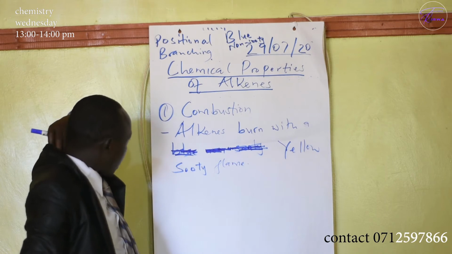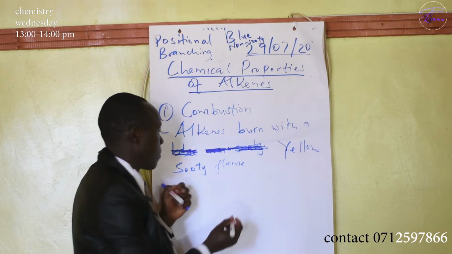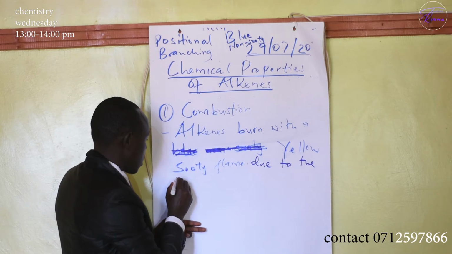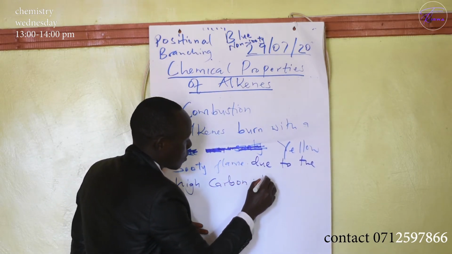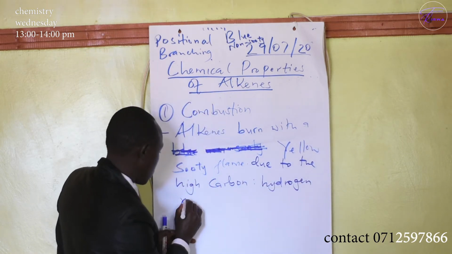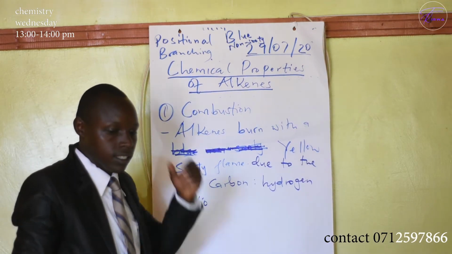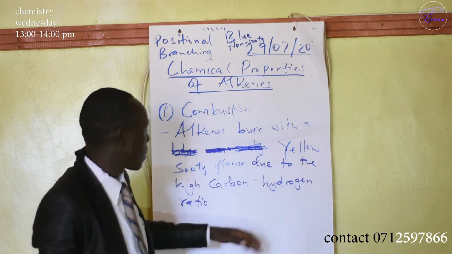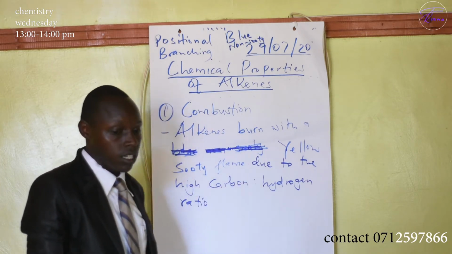But alkenes and alkynes burn with a yellow sooty flame. This is due to the high carbon to hydrogen ratio. So alkenes, and also alkynes, as we shall see, burn with a yellow sooty flame because they have a high carbon to hydrogen ratio.